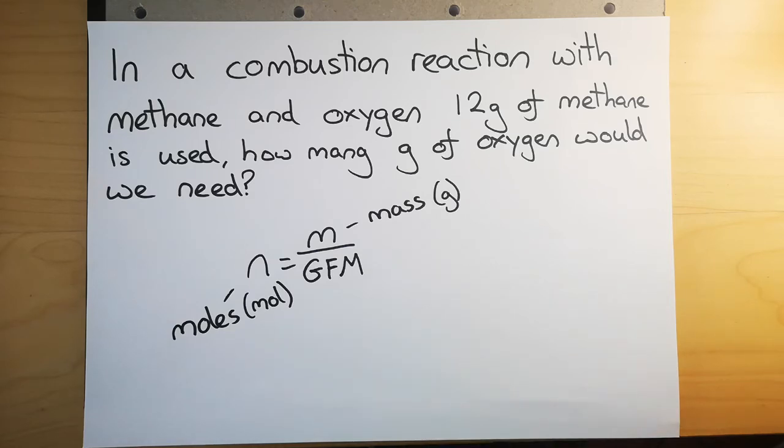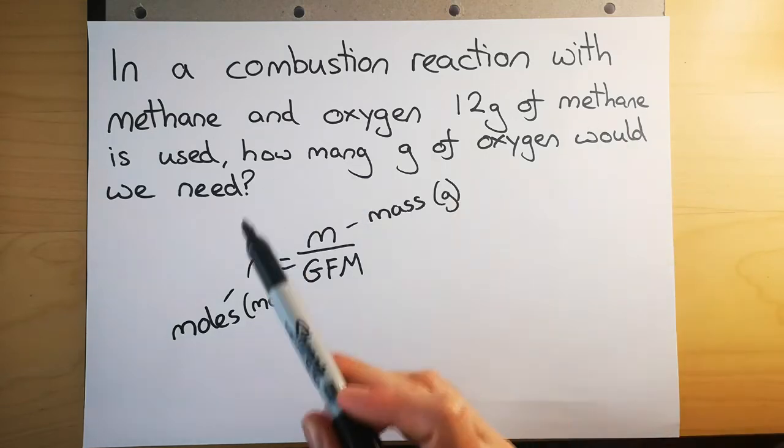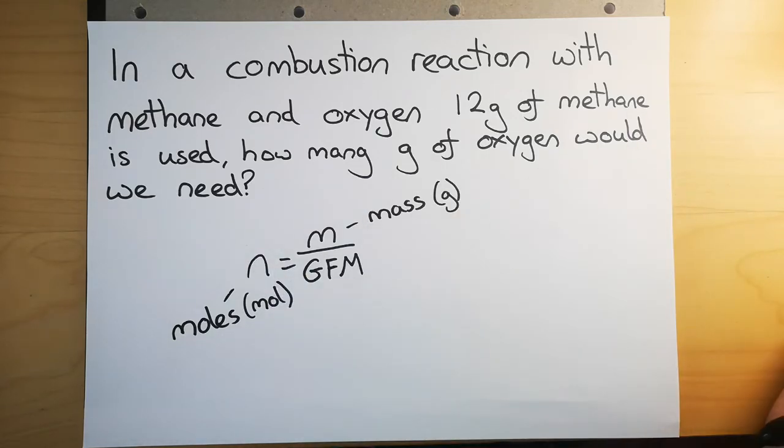If you're not and you need a system to use, I think my system's fairly robust and it's quite easy to follow. So really what we're being asked is, how many grams of oxygen do we need? And to talk about that, first of all, we need to look at our chemical equation again.